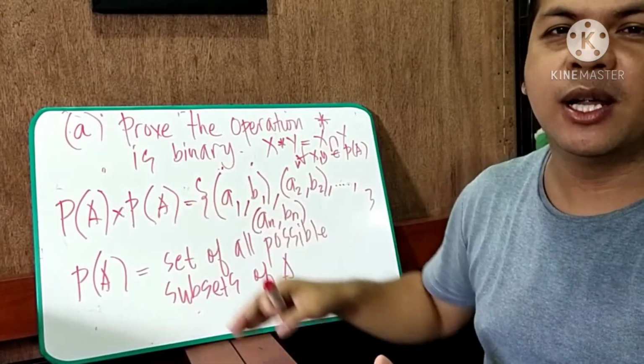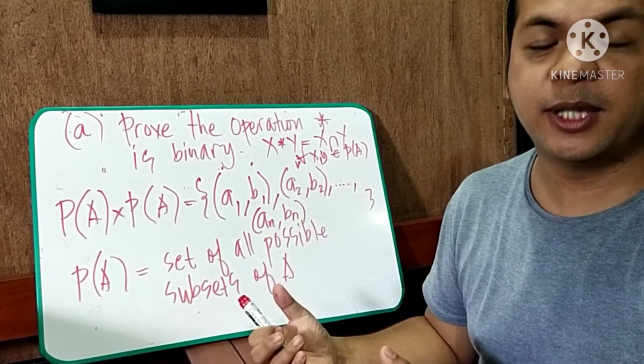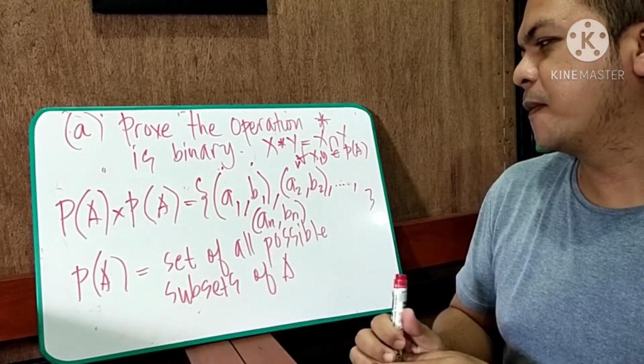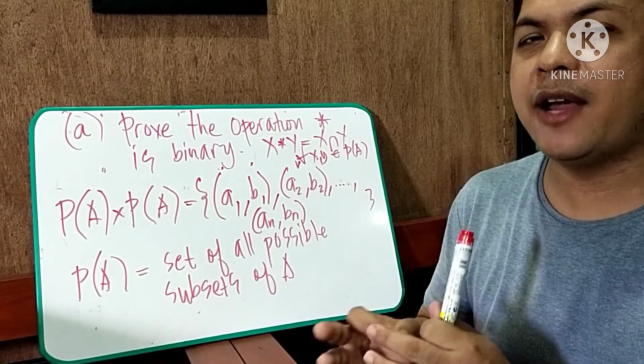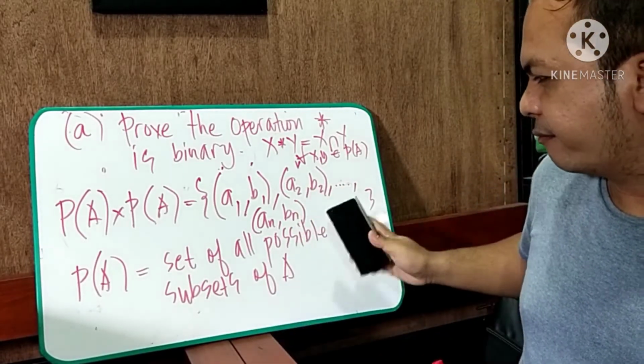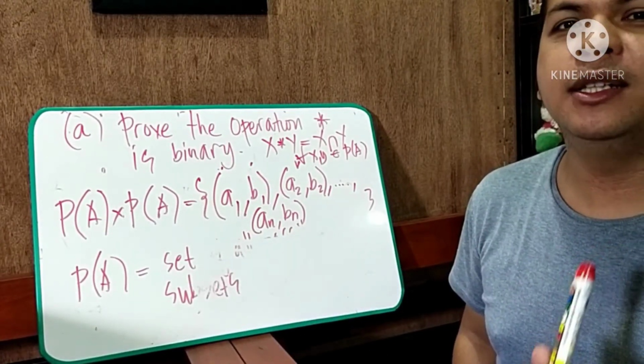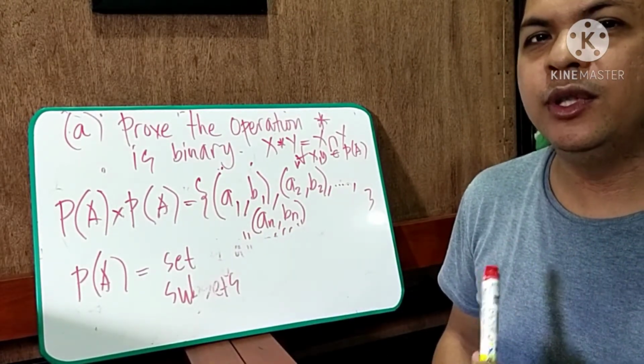So the set here contains infinitely many ordered pairs as its elements. So kuha lang tayo ng tatlong ordered pairs. So let's say A1, B1 to A2, B2 to A3, B3.